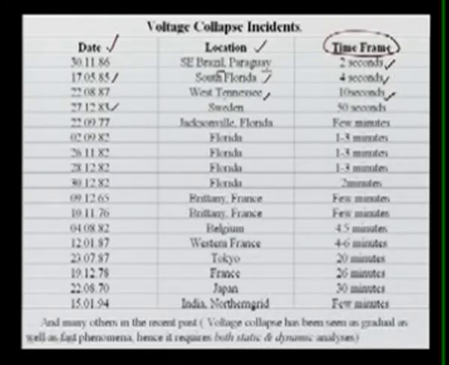In 83 it happened in Sweden, lasting about 1 minute. Again in 77 there was a case in Jacksonville, Florida, lasting a few minutes. In 82 there were several incidents in the Florida state, four cases in 82 itself, and all the phenomena lasted approximately 1 to 2 minutes.